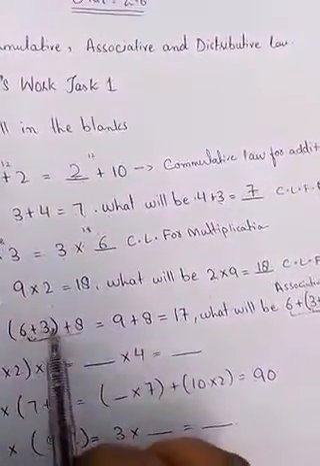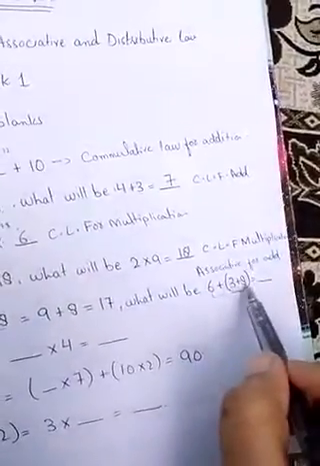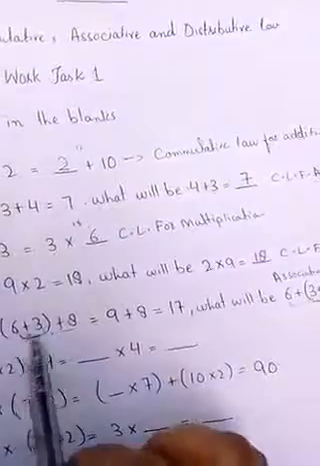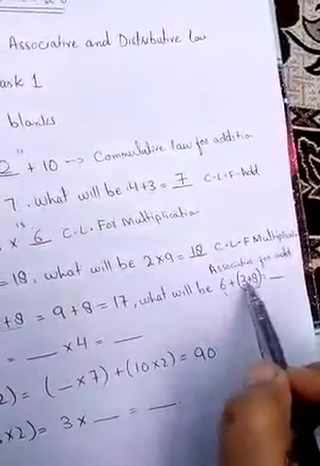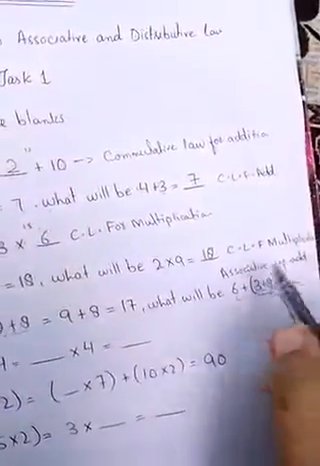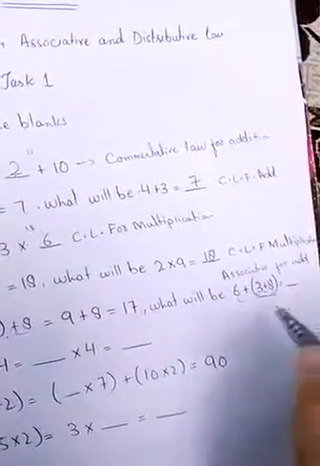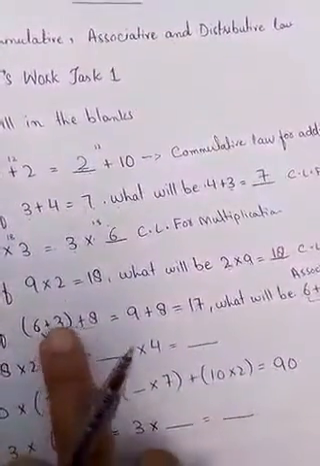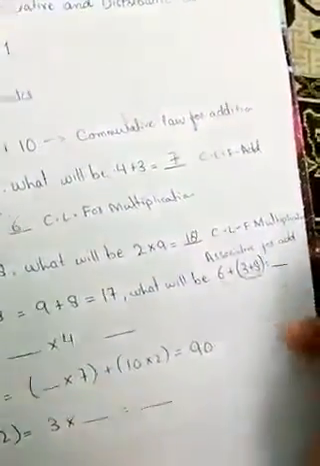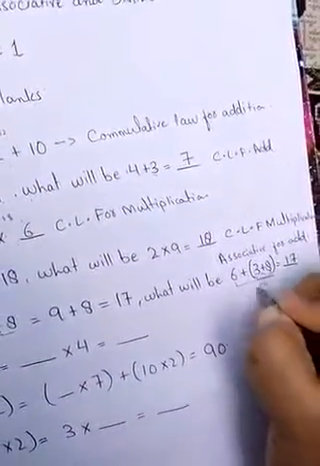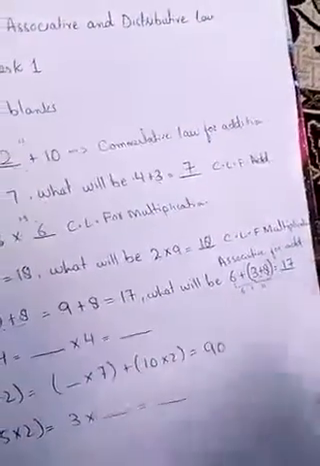Here we group 6 and 3, and here we group 3 and 8. The numbers are same, 6, 3 and 8, only the grouping of the number is changed. So we get the same answer. If 6 plus 3 plus 8 is equals to 17, so 6 plus 3 plus 8 is also equal to 17. 3 plus 8 is 11 and 11 plus 6 is 17.